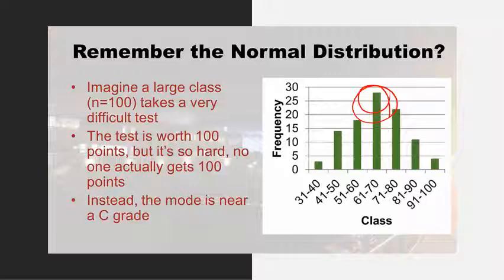Most of it just sits right there, and then you have very few people who have good grades and decent grades, and just a few people who have terrible grades. A lot of the people just stick around this area. The C is usually the most common grade in that situation.